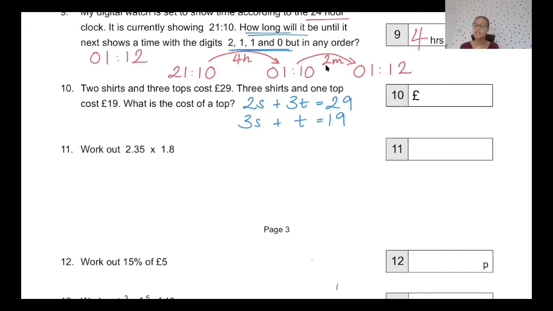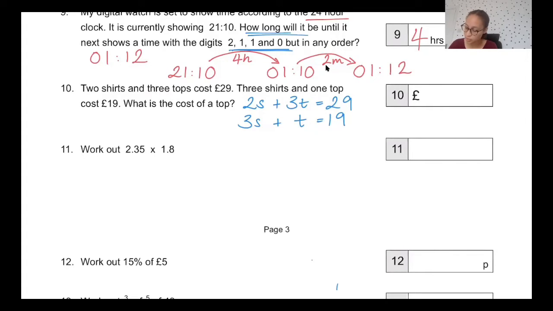This is tricky. What I need to do is either have the same number of shirts or the same number of tops, but I don't have that right now. So I am going to multiply this equation by 3. Actually, I think, now how can I copy this over?